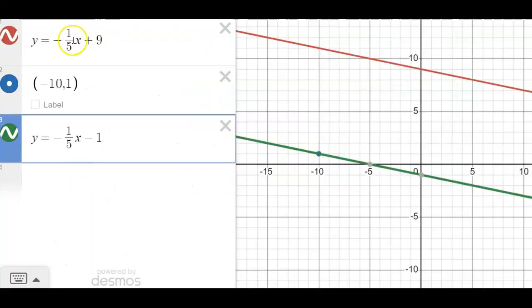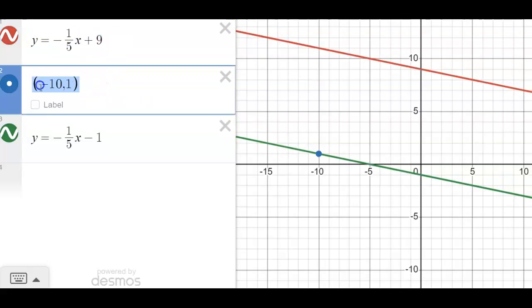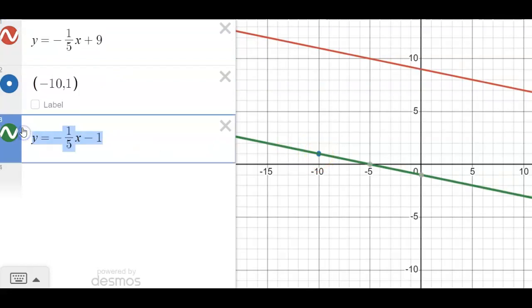And sure enough, here is our line V. Here is that point we were talking about. It's right here. And here is the equation that we just wrote. It's the green line on the graph. And you can see our green line goes through that point that it was supposed to go through. It's got the same slope as our original line, so the two lines are indeed parallel. Job well done.